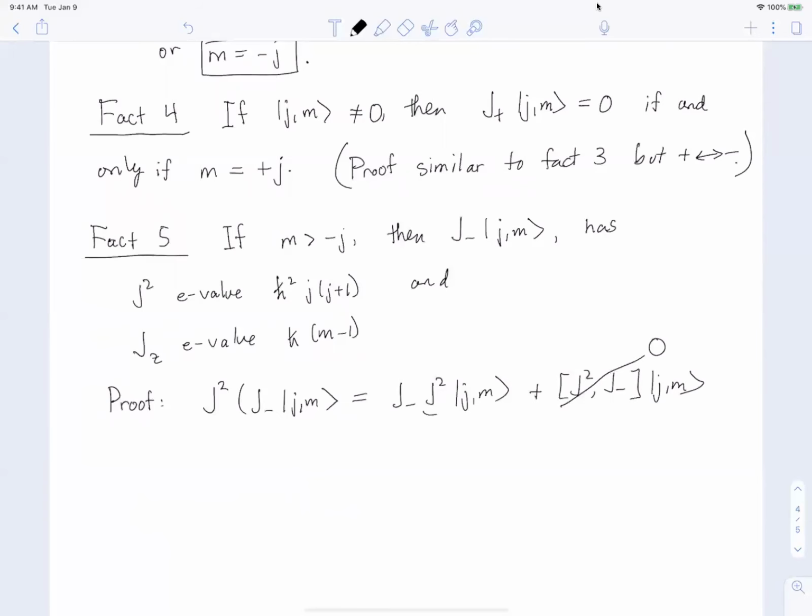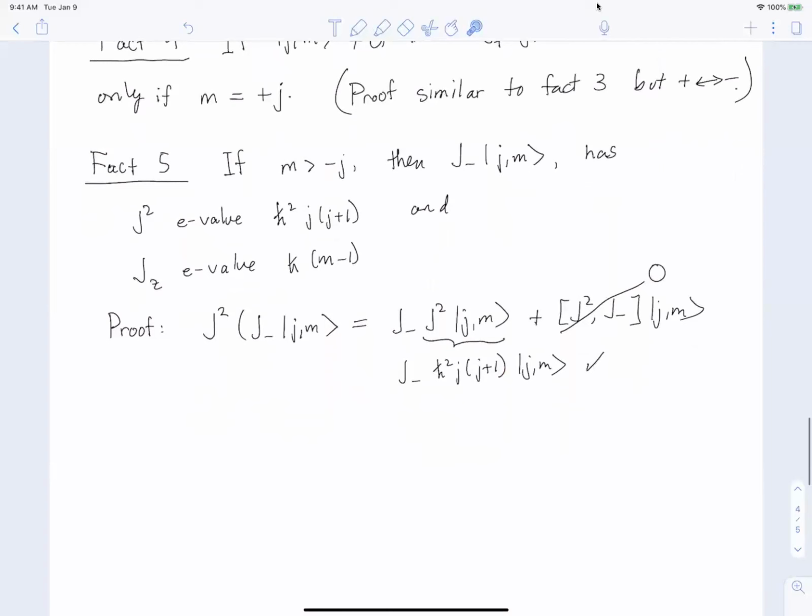And this, we know what that is because jm is an eigenstate of j squared. So this is just j minus h bar squared j times j plus 1. Okay, and so that's indeed telling you that j minus acting on jm is an eigenstate of j squared, and we pulled out the eigenvalue. There it is, which gives us that. Okay, that was the easier part.